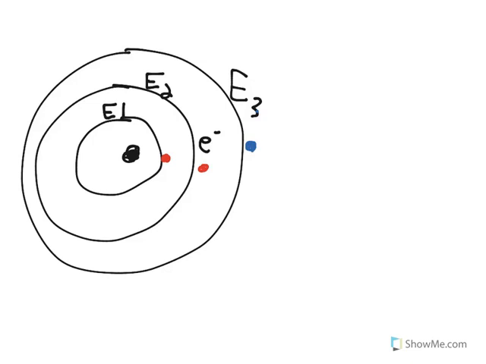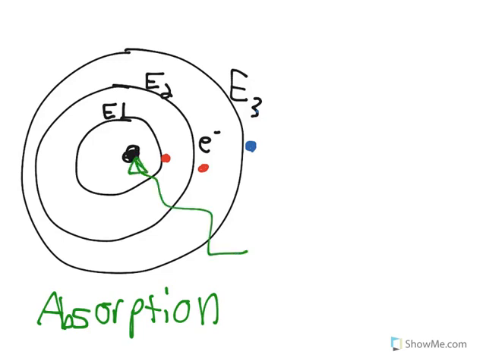In order for the electron to move to a state of higher potential energy, an excited state, the name of this process is called absorption. And what is needed is an input of energy to the hydrogen atom, and then this energy causes the electron to move to a higher energy position.